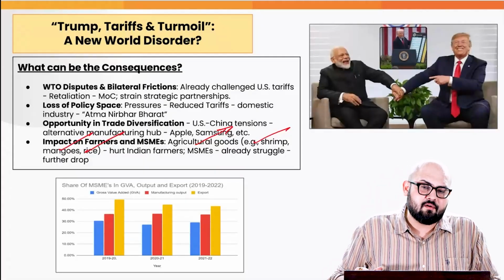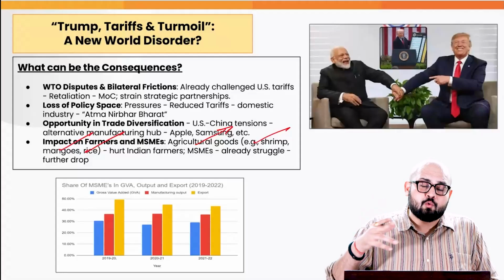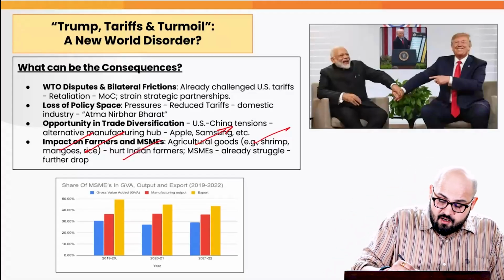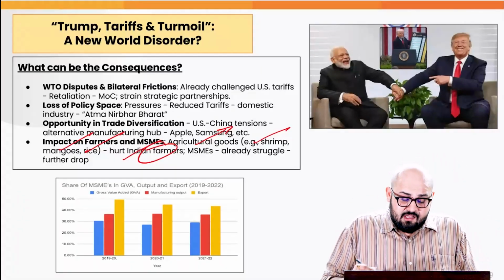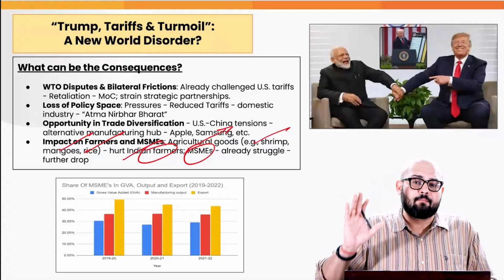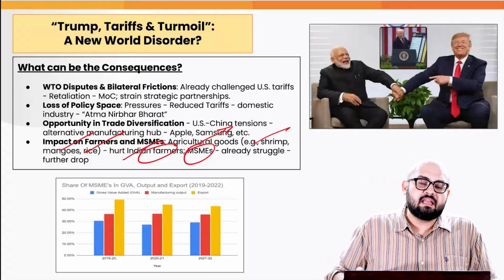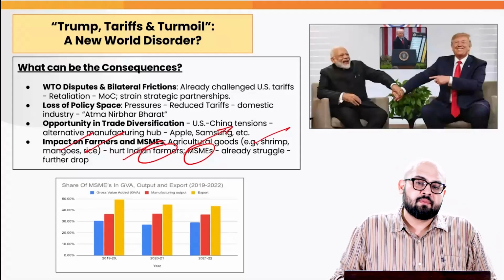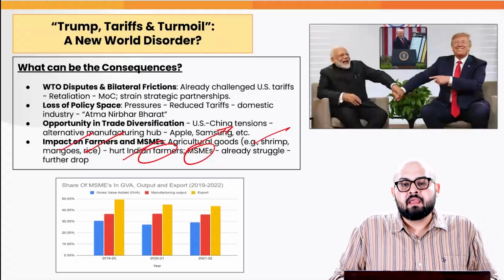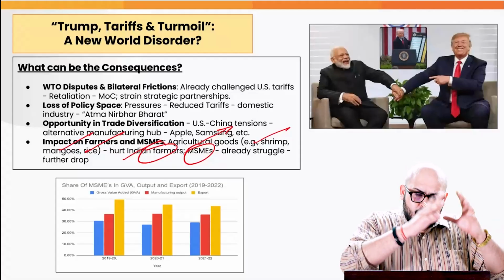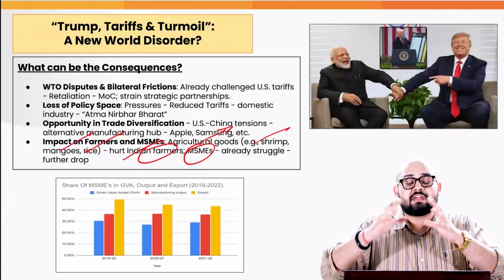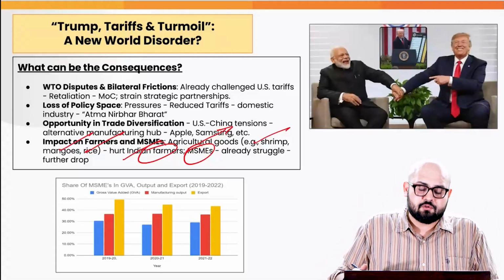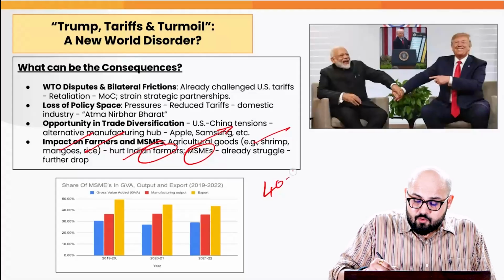Basmati rice is one of the commodities which is quite in demand in the US, right? And this would hurt Indian farmers. The next aspect is MSMEs. This is a very important point. Micro, small and medium enterprises are the backbone, the lifeblood of the Indian economy. They contribute substantially to the overall economy and also to Indian exports, almost to the tune of 40 to 45%.